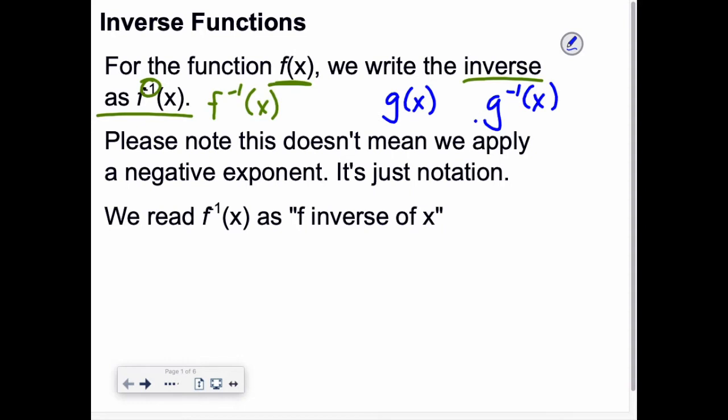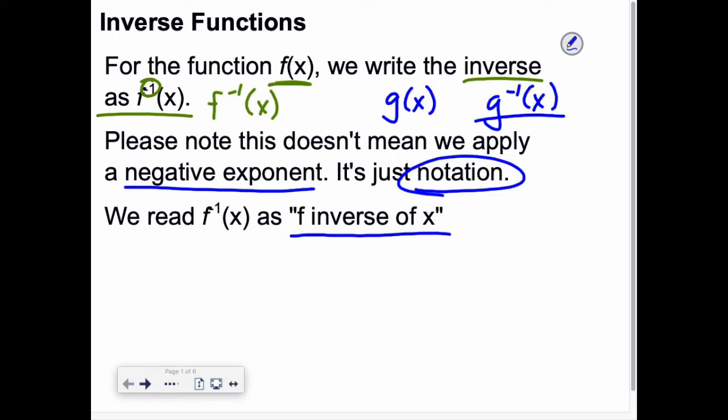And I pronounce this as g inverse of x. Now, please note it doesn't mean we have a negative exponent here. We'll talk more about negative exponents later in the year. It's just a notation. That's it. And it's read aloud as f inverse of x.